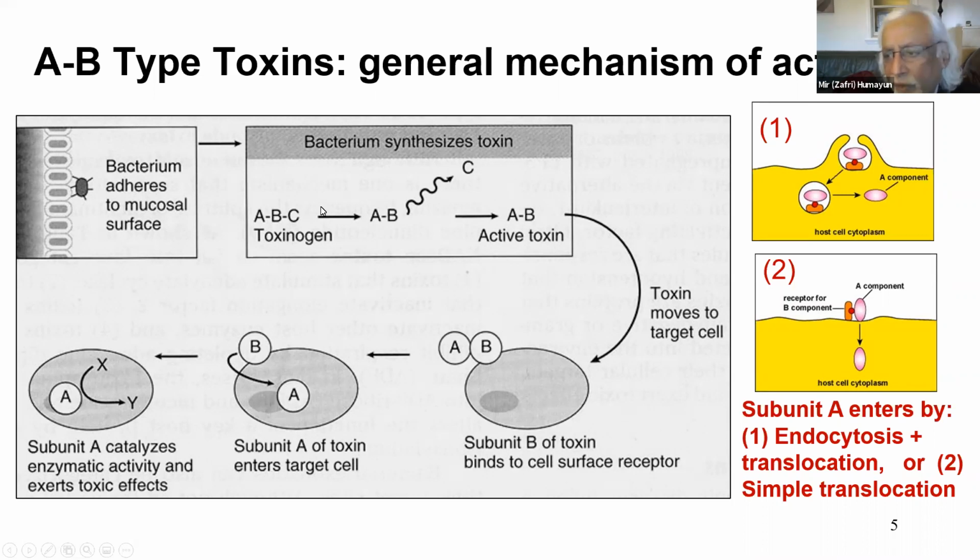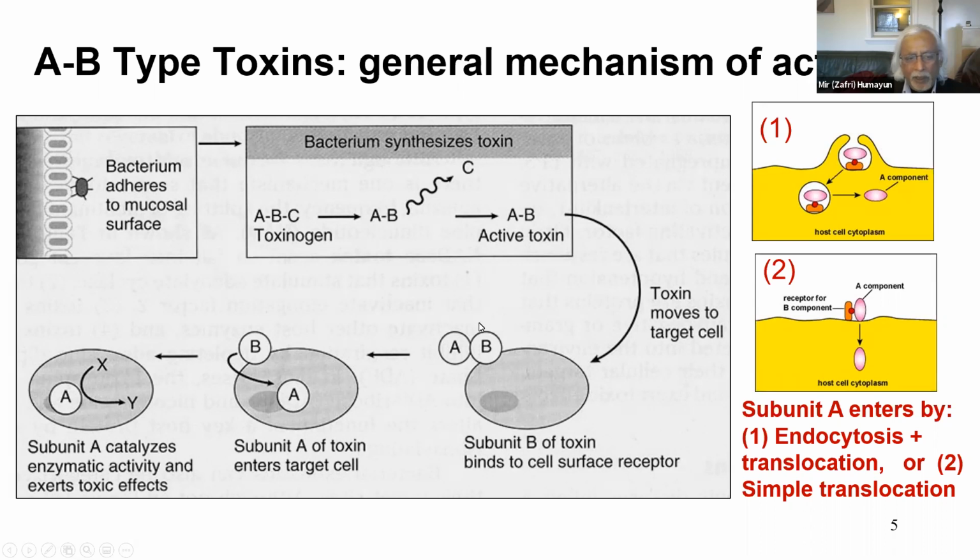A slight variation of that is shown in this diagram at the top. Pretty much the same as what you see here, except that after the B domain binds to the surface, the entire toxin is endocytosed into its own vesicle and is delivered to the interior. From that endosome, the A unit is released into the cytoplasm.